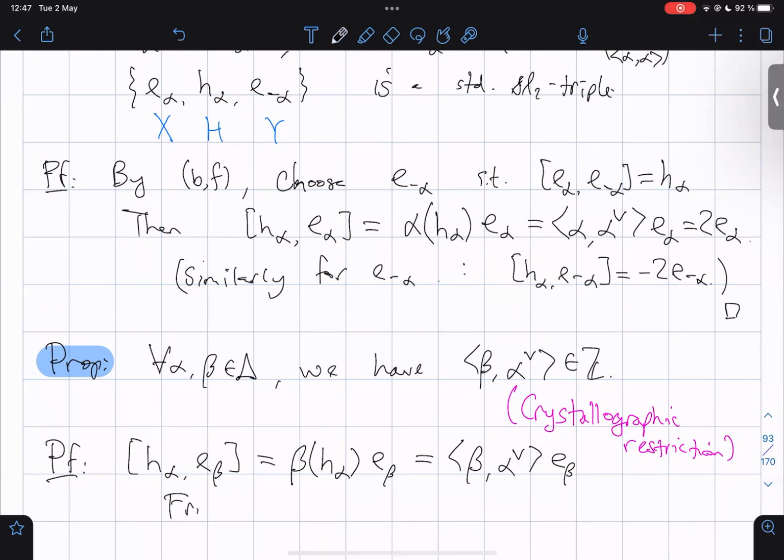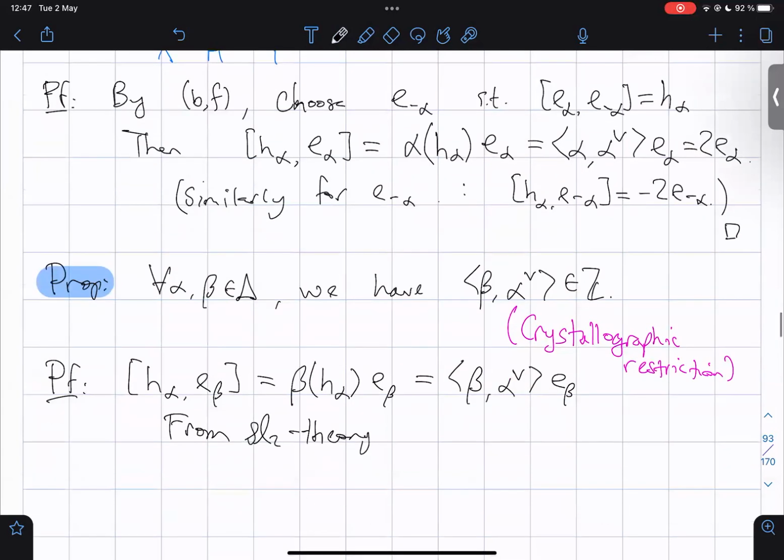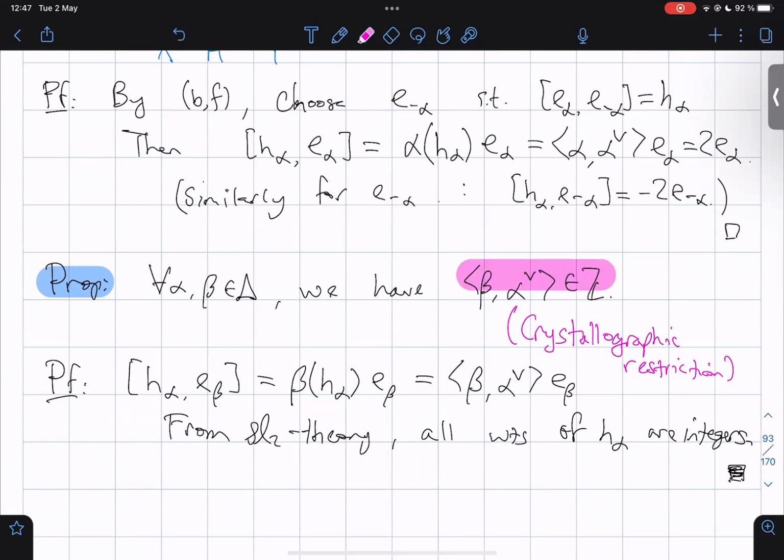So from SL2 theory, all weights of H alpha are integers. Okay, so we have this crystallographic restriction. That's really important.